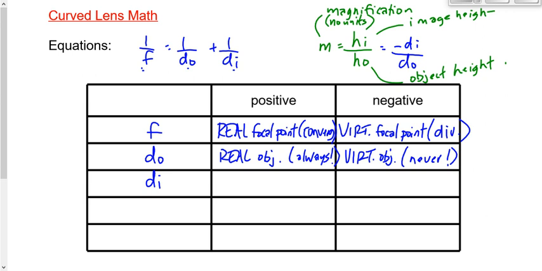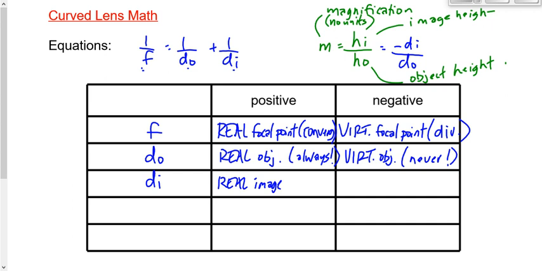Di? Well, Di is positive. Take a guess. Di is positive if the image is real. And when is the image real? Well, that's when it's sometimes useful to have those ray diagrams, right? It's real when we have an object on a convex lens, an object that is beyond 2F, at 2F, or in between F and 2F.